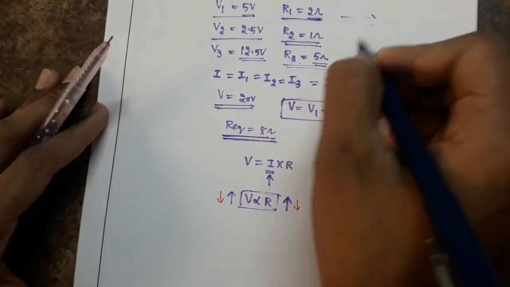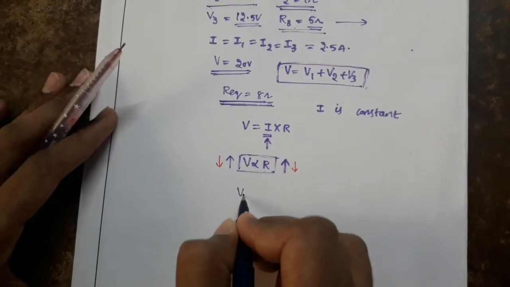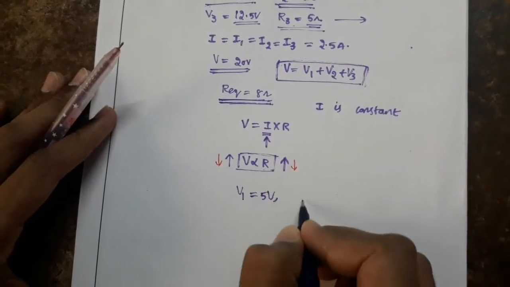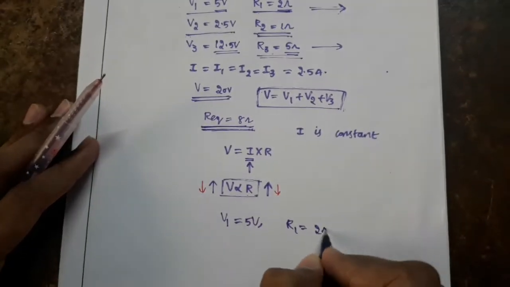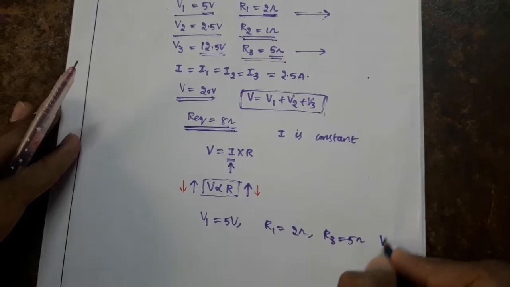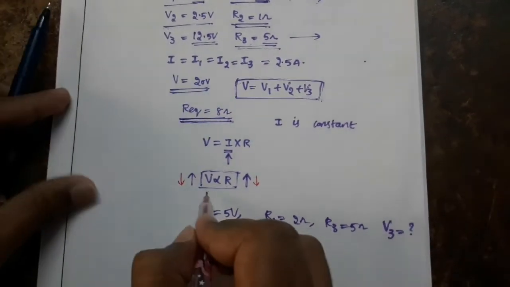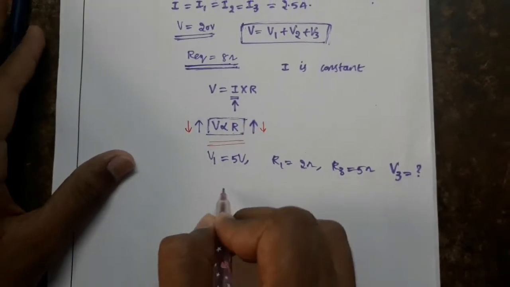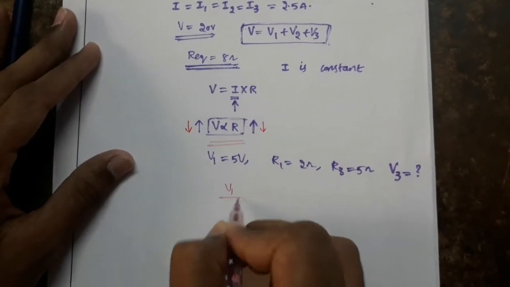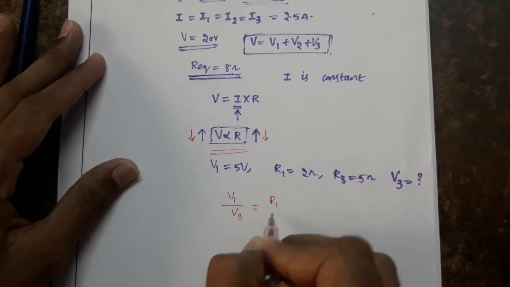I am taking these two relations. I am finding V3, that is V1 equal to 5 volt, R1 equal to 2 ohm and R3 equal to 5 ohm. But I am finding V3 by this relation. V1 by V3 equal to R1 by R3.